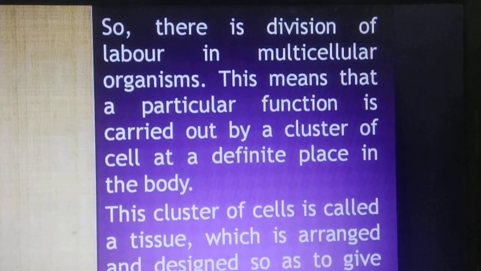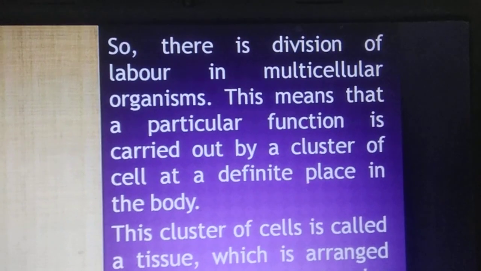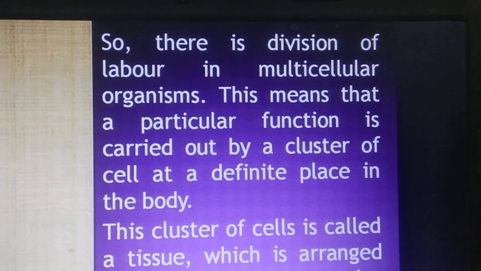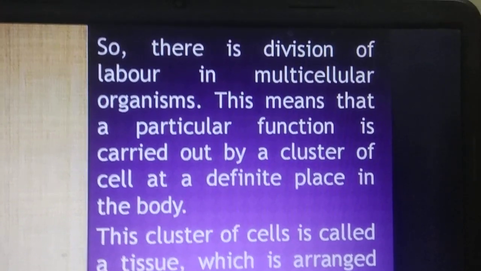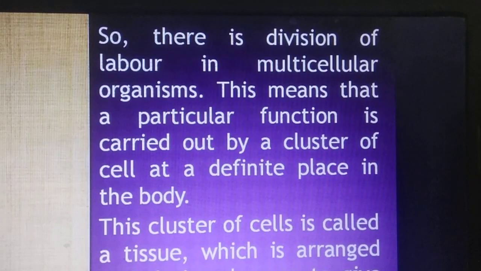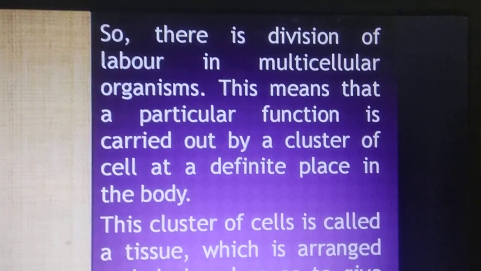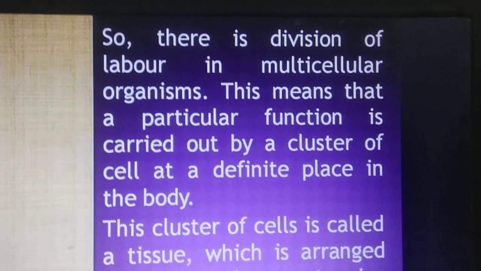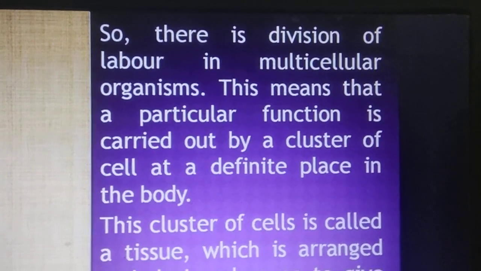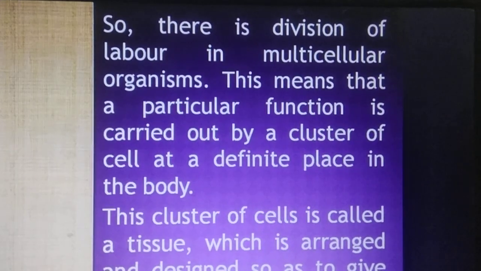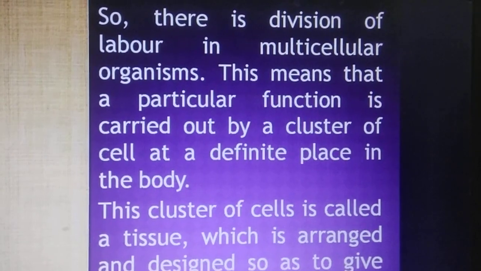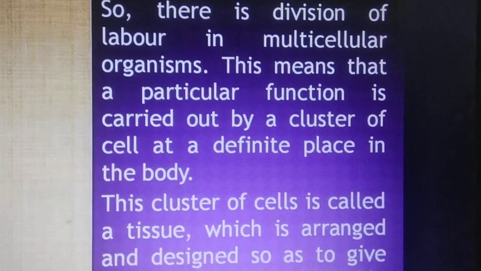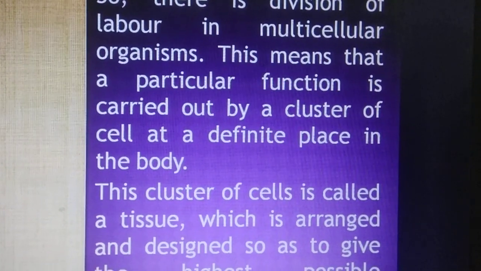Because there is a specialization performed by a particular group of cells, we can say that there is division of labor in multicellular organisms. Division of labor means that the work is divided among cells, and a particular function is carried out by a cluster of cells at a definite place in the body.